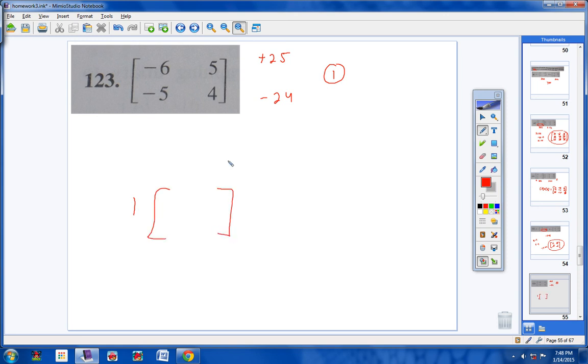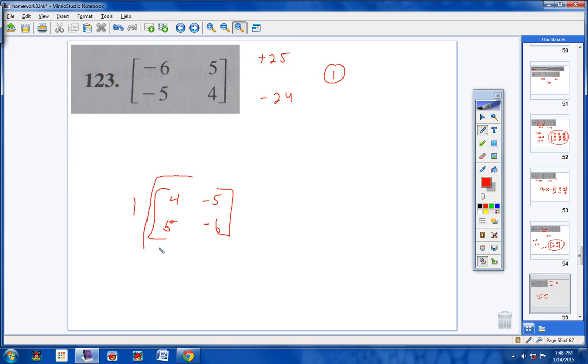Now next, you change the signs of these two numbers right here. Okay? You don't move them around. So the negative 5 becomes a positive 5, and the positive 5 becomes a negative 5. Alright? Now here, we're going to swap the numbers. So positive 4 comes up here, and negative 6 comes down here. Then you multiply: 1 times this matrix is not going to change anything.